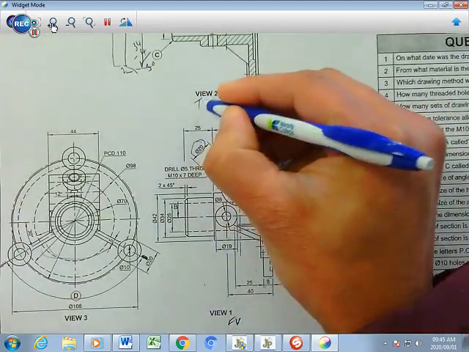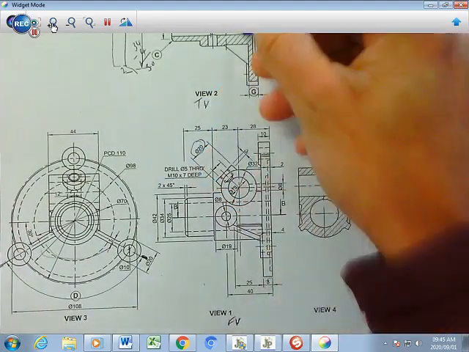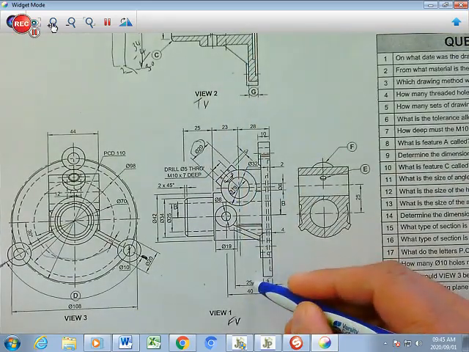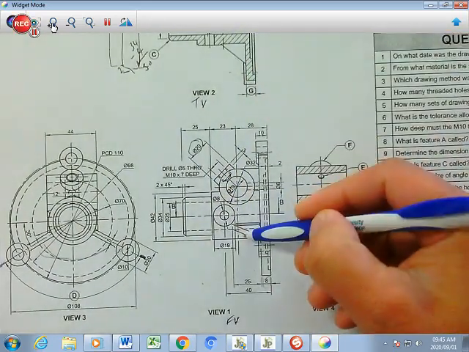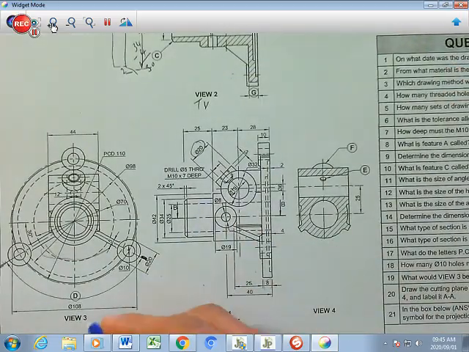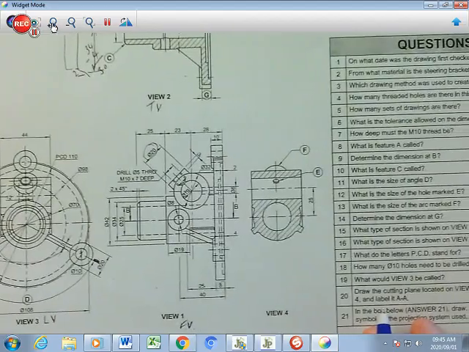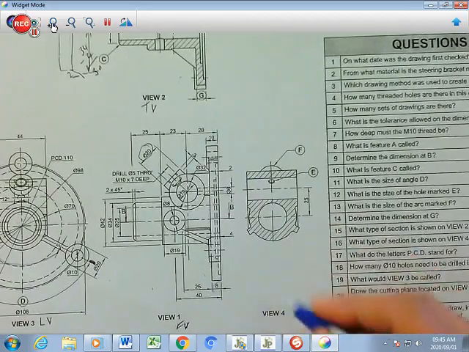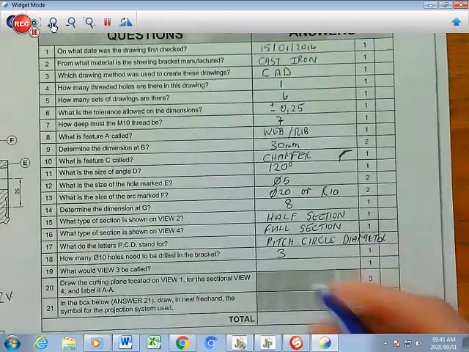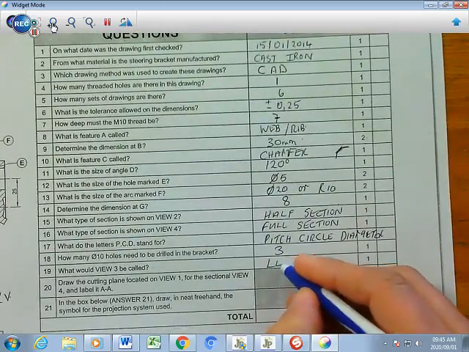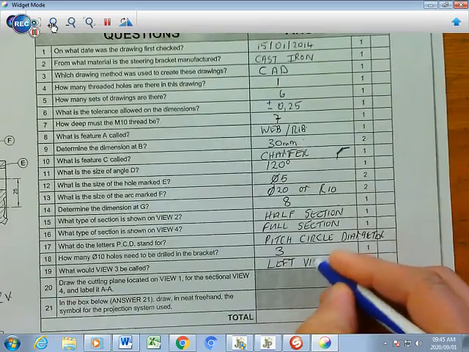Because the top view is directly above the front view. And if that is the front view and this is the top view, this is going to be my left view. Alright? And then that will be my right view here. That's how you analyze it. So that is going to be my left view there.